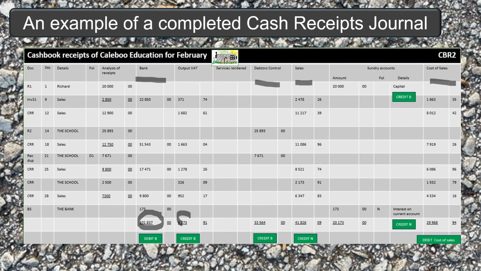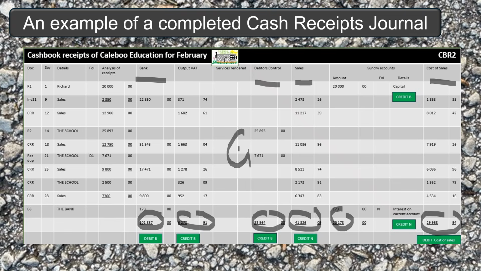You total up all the columns, and at the end of the month, these totals would get posted to the general ledger accounts. That's the accounting cycle. So that's what a cash receipts journal looks like.